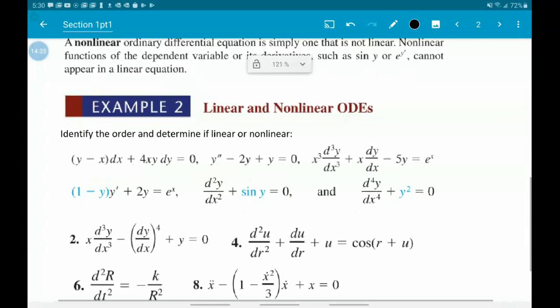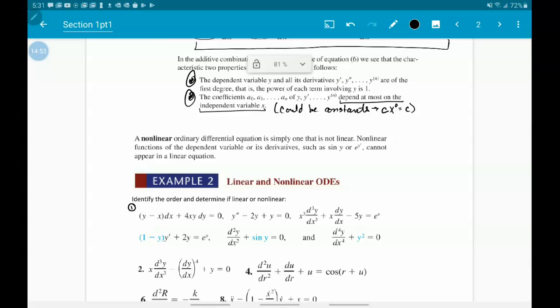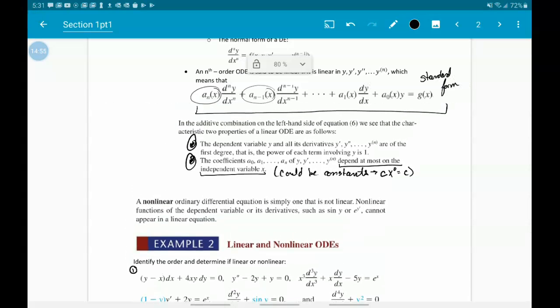So let's look at a few examples. We want to determine in example 2, and then the examples after that, the order and the linearity of each one. So let's start with that first one. Notice that first one's not quite written in that standard form format we need.